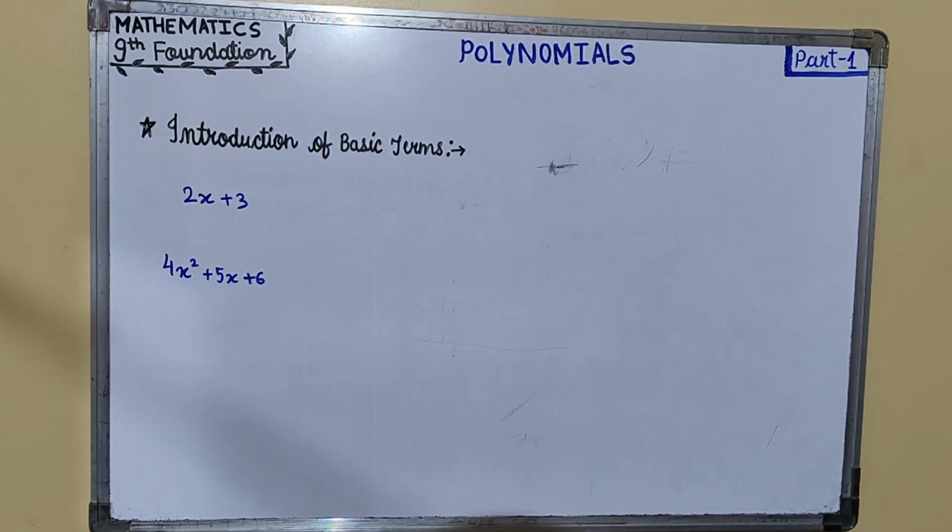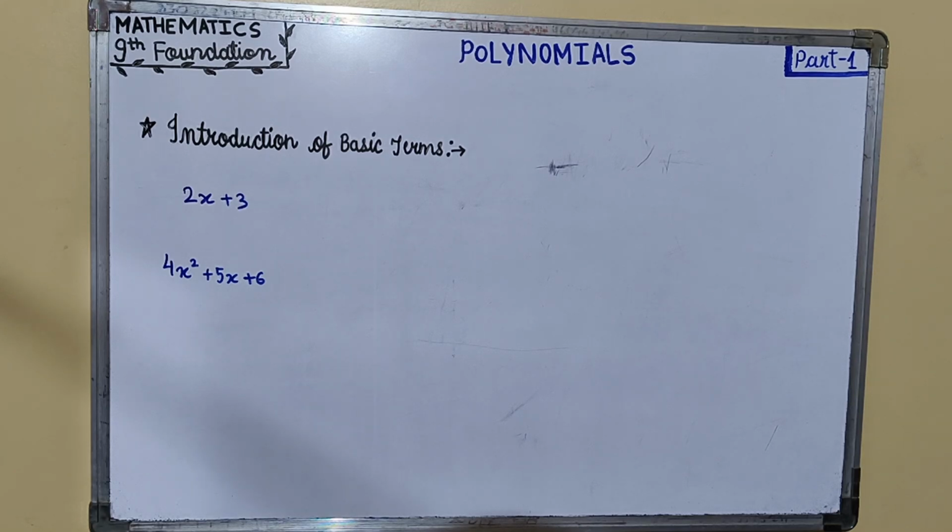Here 4 is the coefficient of x square and 5 is the coefficient of the variable x. There are a total of three terms in this expression.